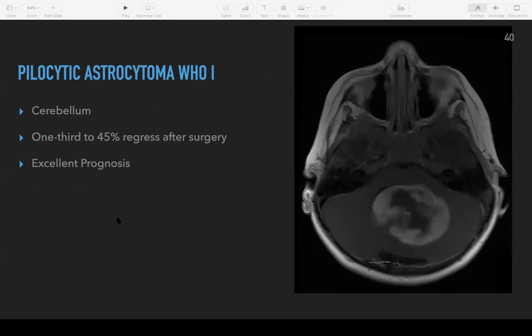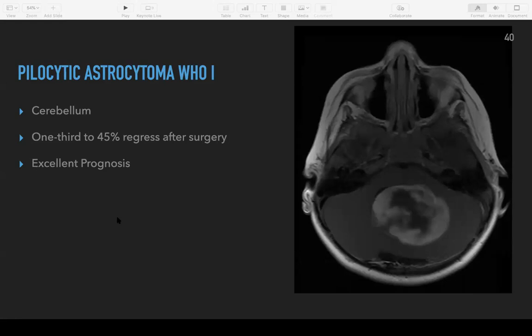Next is pilocytic astrocytoma. It is WHO grade 1. The most common location in the pediatric age group is the cerebellum. In one third to 45% of these patients, the residual tumor will regress after surgery.